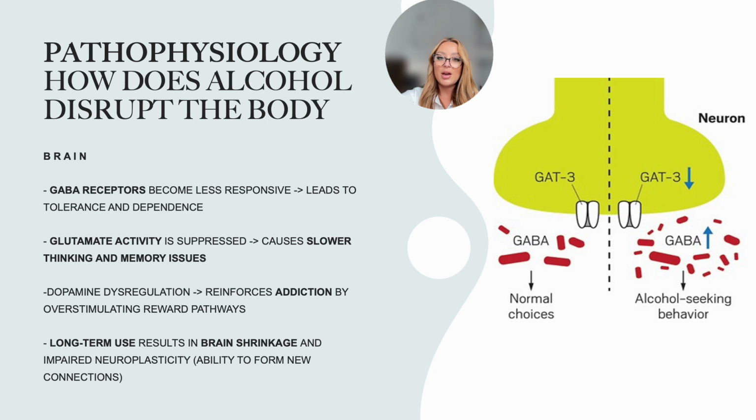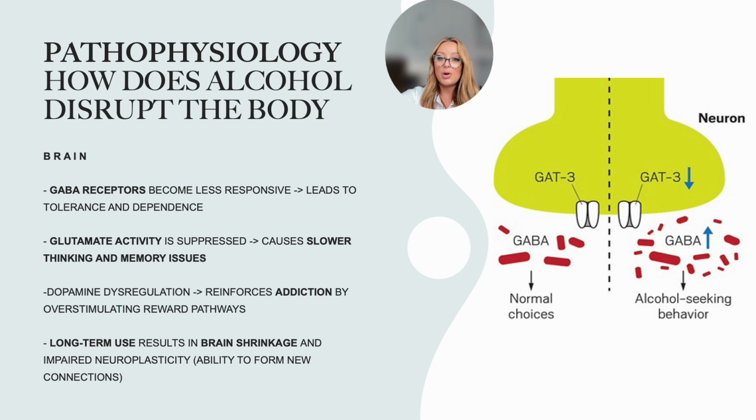Now that we've covered how the brain is supposed to function, here's how alcohol disrupts that balance. Over time, the brain adjusts to alcohol's effects by making GABA receptors less responsive. This leads to tolerance, meaning more alcohol is needed to feel the same effects, and eventually dependence. Alcohol also suppresses glutamate, which slows down brain activity and causes cognitive issues like poor memory or brain fog.